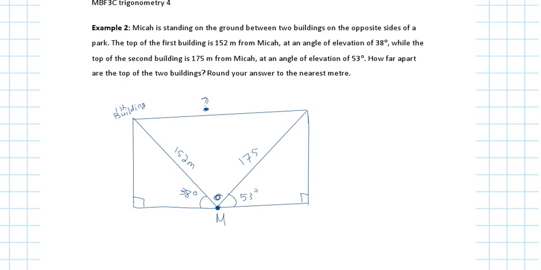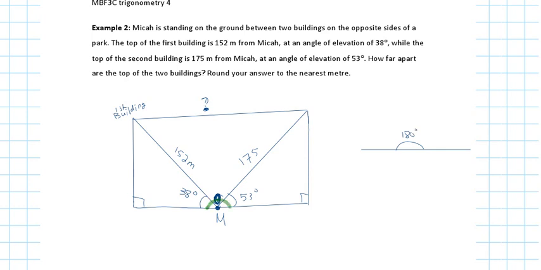I can find this angle simply because a line has an angle of 180. A straight line is an angle of 180, right? So that means this whole thing here is 180. I know this part and I know this part, and it's easy for me to find the middle part because it's 180 minus the other two.